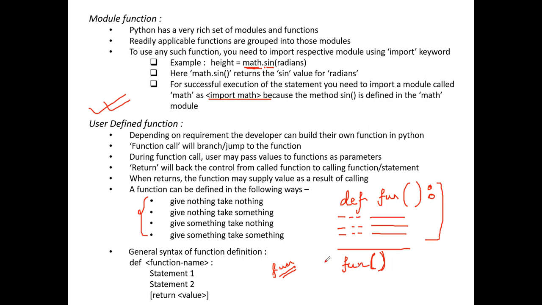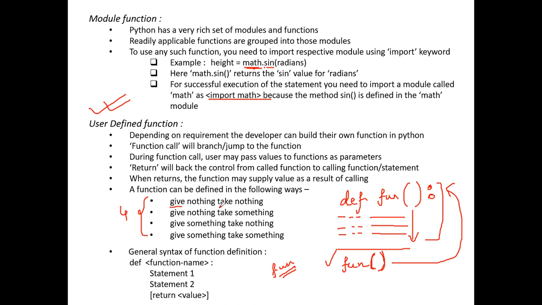Now if you put this statement, it will transfer the call here, and these lines will be executed. So this is the way you can write a user defined function in Python. When you are writing a user defined function, you can always define it in four different ways. Let me read it for you.